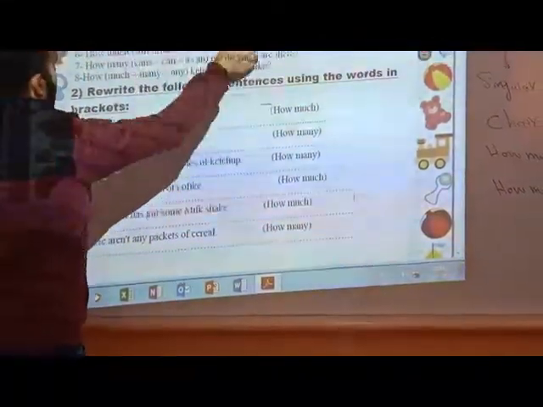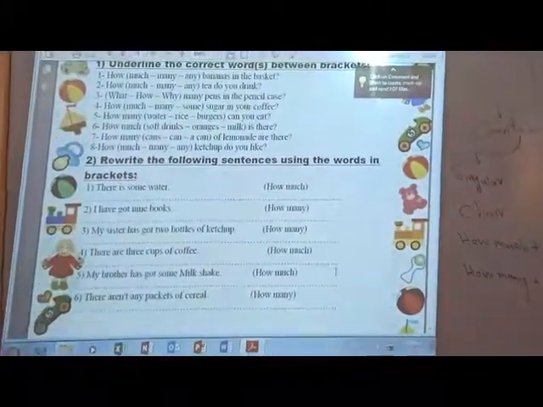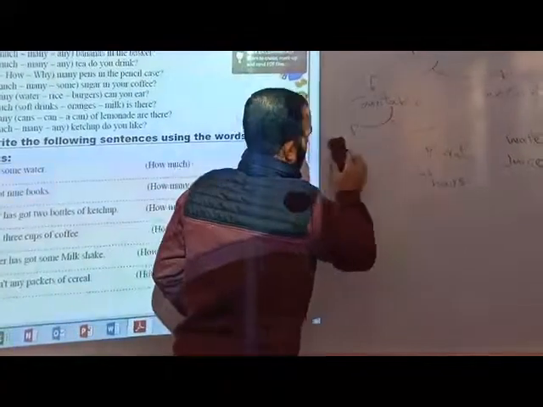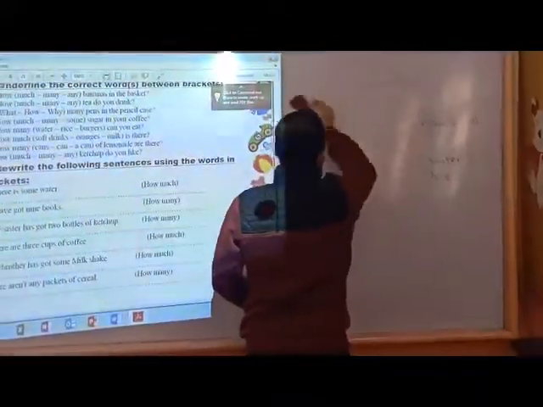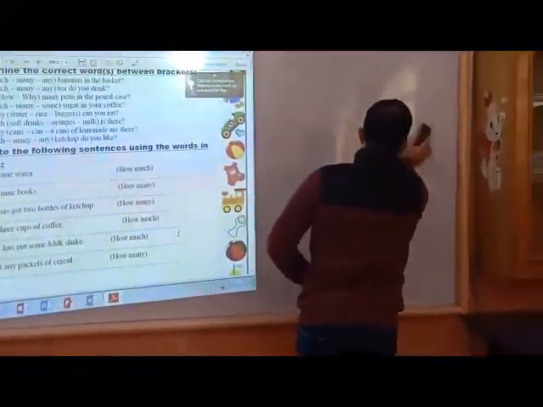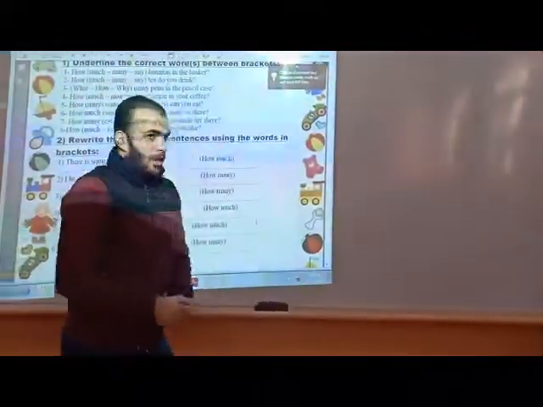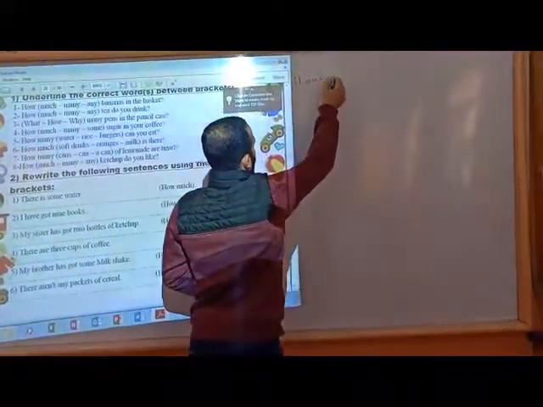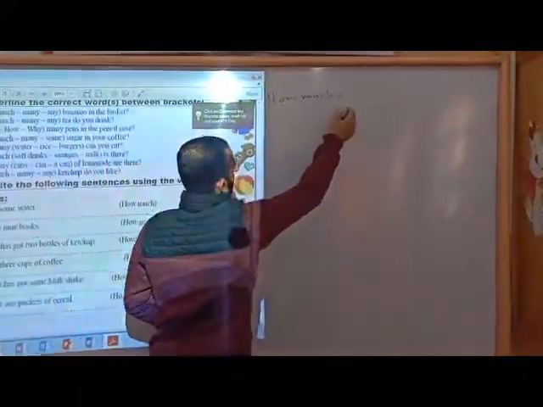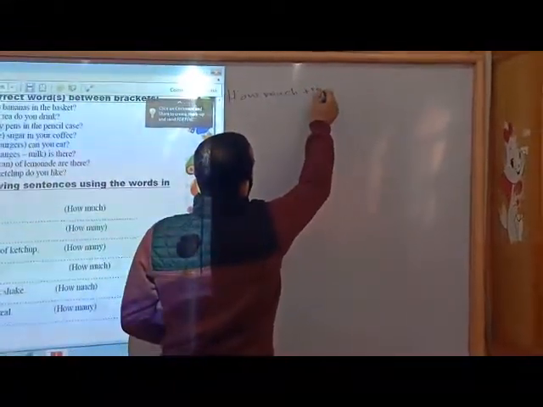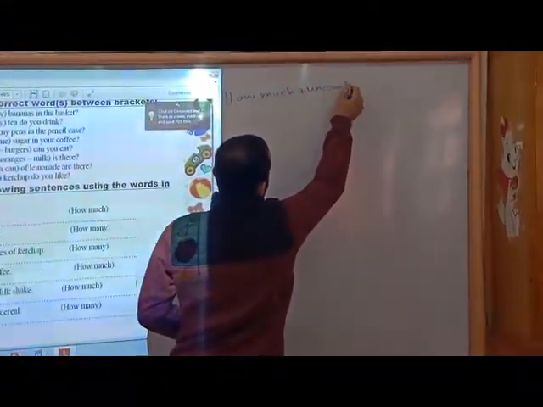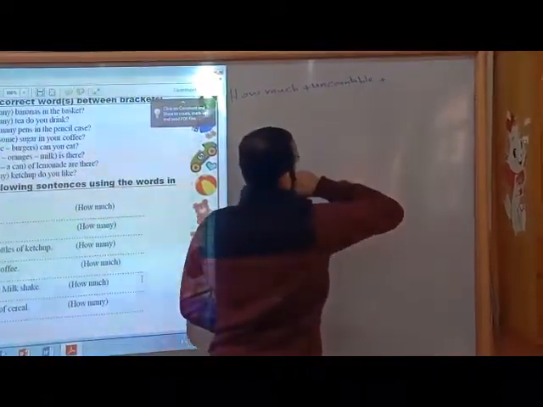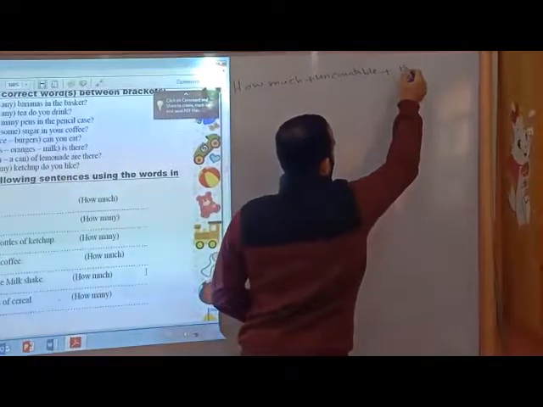Let's move to the rewrite questions. But before we move to the rewrite questions, I want to explain something to you. I have said that how much is followed by an uncountable noun, plus you can put is there.